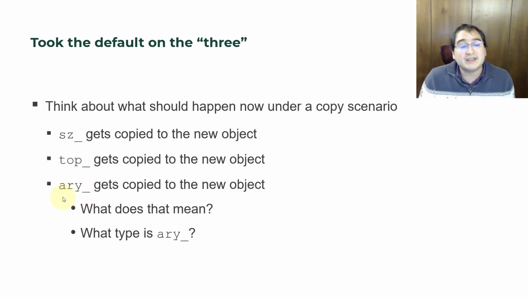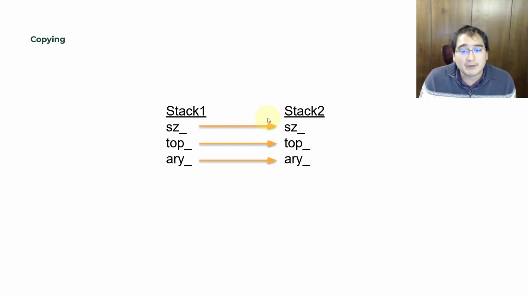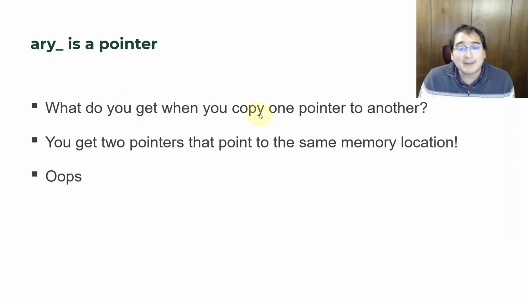But the problem is copying this array. This array here is a pointer because all arrays are really pointers. When you copy an array, really here it's a copy of a pointer. Now the problem here is that we're copying the size, we're copying the top, we're copying the pointer. What happens when you copy one pointer to another?